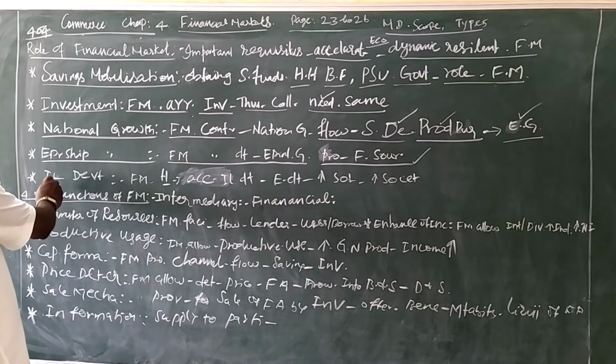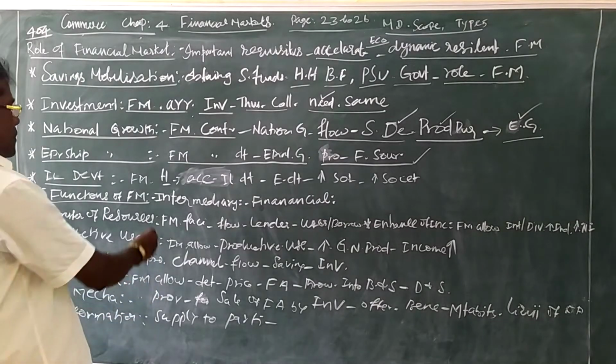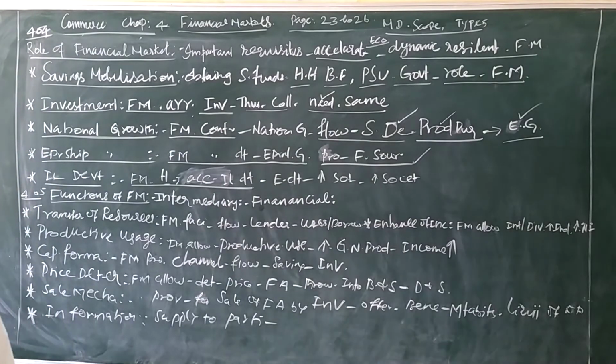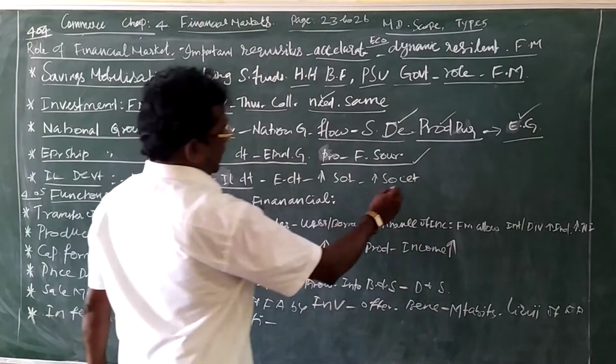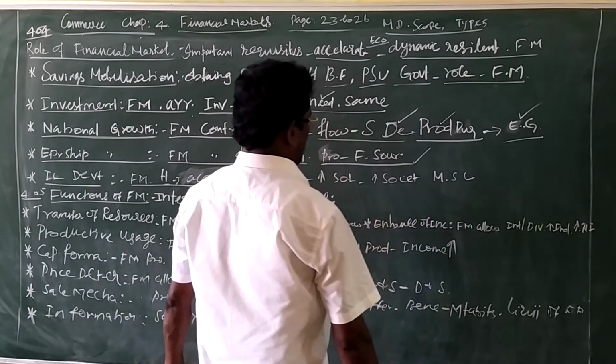Then industrial development. The next role played by the financial market is for the development of industries. The financial market helps the acceleration of industrial development. Industrial development is by way of establishment of more industries, which has a high requirement of finance for short term, medium term as well as long term loans.